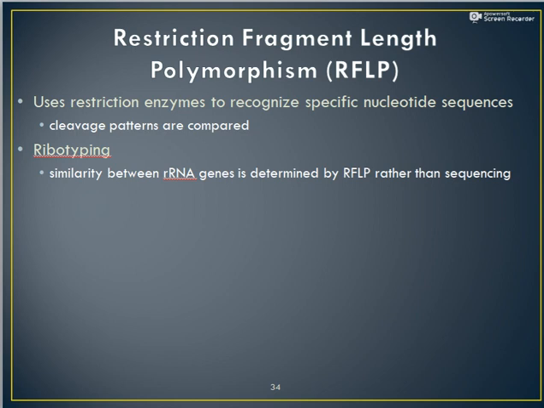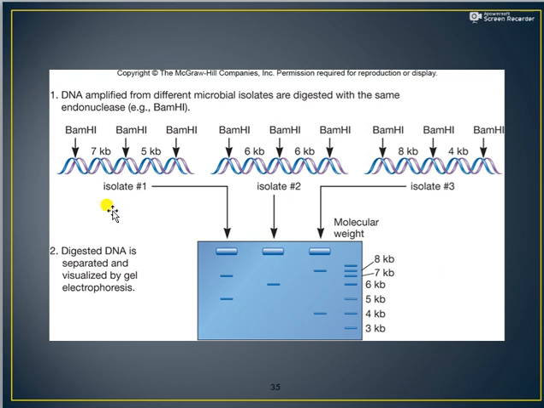Mainly by comparing this RFLP pattern, you can also identify certain bacteria. So in such cases, I'll just show you. You take the bacterial DNA and then cut it with different restriction enzymes, like BamHI. Here the one enzyme which we used is BamHI.